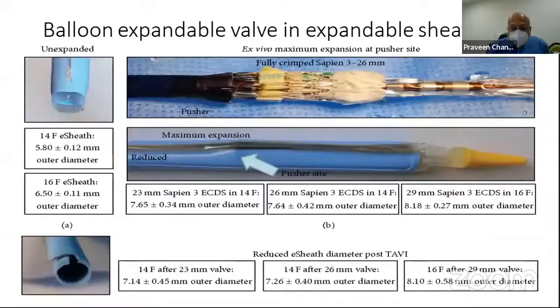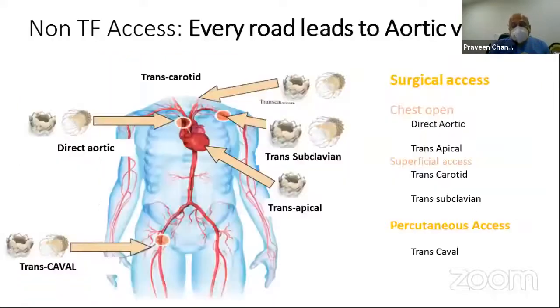So that is why we have to know which size of the sheath we are going to use in this particular case, and what is the type of valve we are going to use, whether it is a sheath inline valve or a sheath separately which is going to be used, and also know the profile of the valve which is going to be taken, because sometimes in the balloon expandable valves, the valves are a bigger profile than the entire system. So that is why we have to know all this.